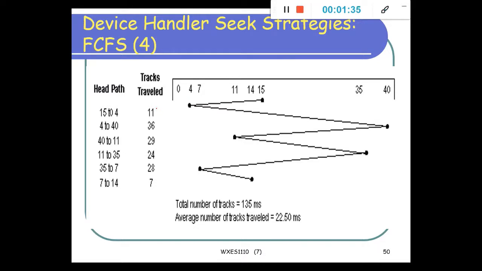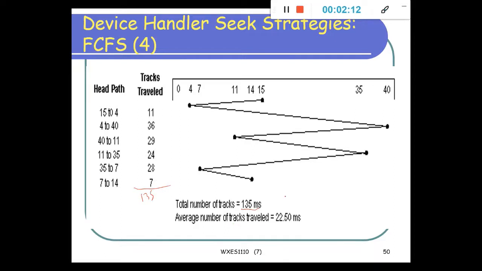After 4 comes 40, so you travel 36 tracks, then 29 tracks to 11, then 24 tracks to 35, then 28 tracks to 7, and the last one is 7 to 14. So the total number of tracks is 135, which takes about 135 milliseconds.